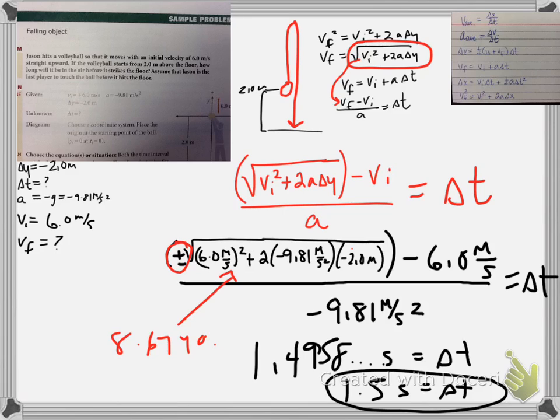Now you're dividing that negative 14 by negative 9.81 meters per second squared. The other clue is if you ever get a negative number for time, you need to go back through the whole problem and check all your signs.